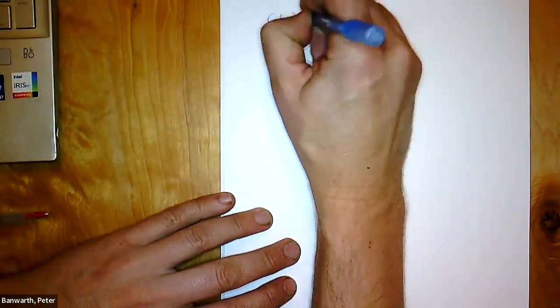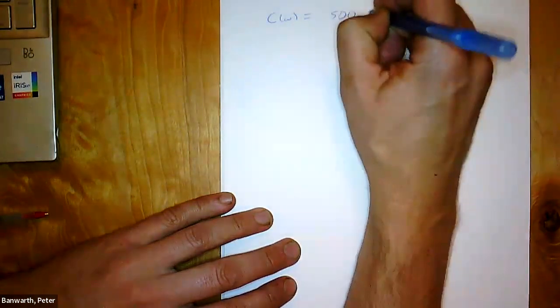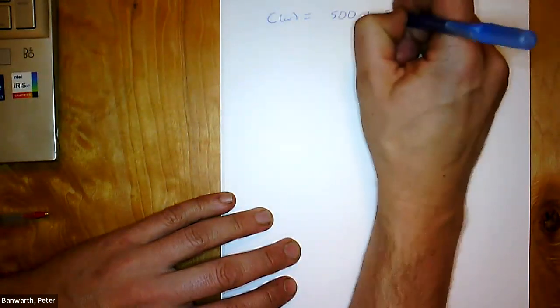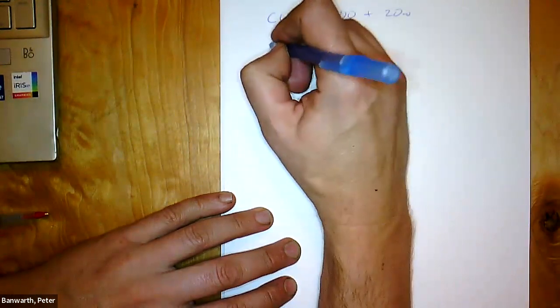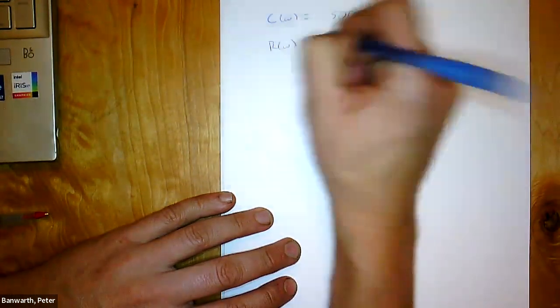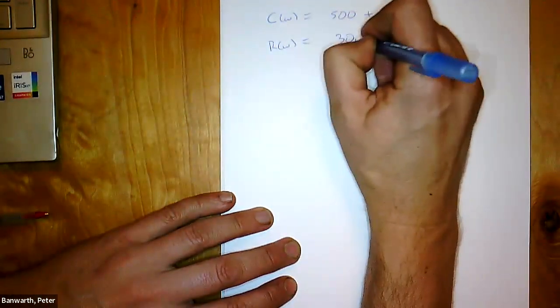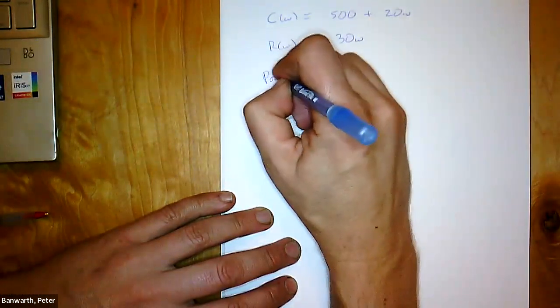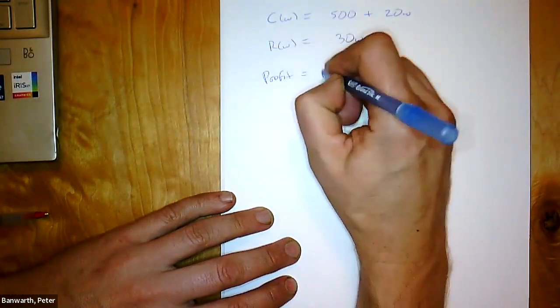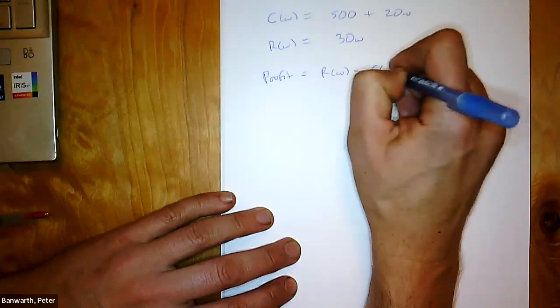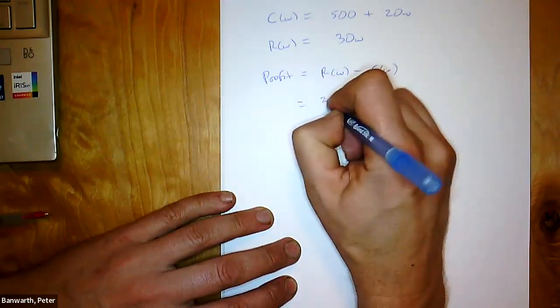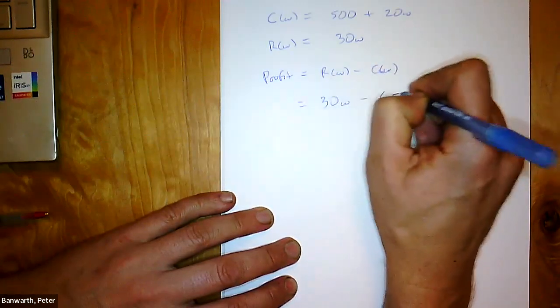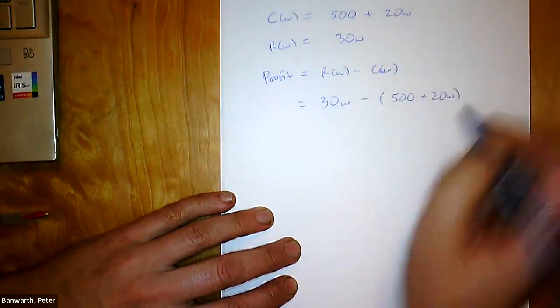So if we go back to our example of our cost function, cost of W equals 500 plus 20W, and revenue as a function of W is 30W, and the profit we said was revenue minus cost of W, so that's 30W minus 500 plus 20W.